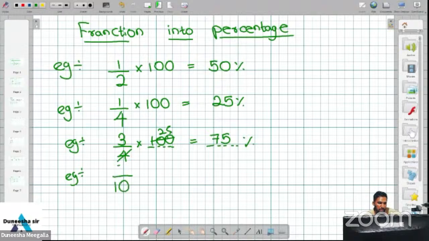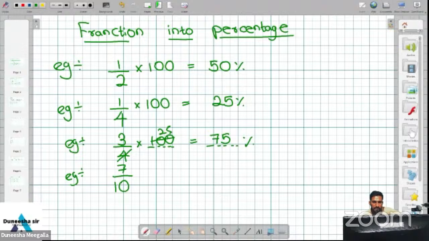Then can you do this one? 7 over 100. 70%.